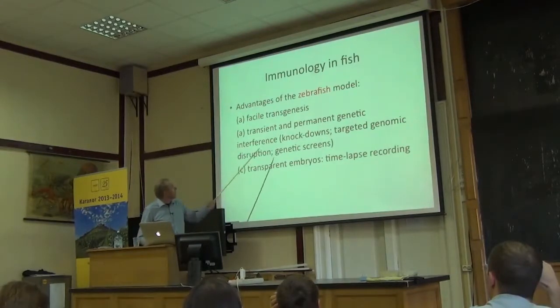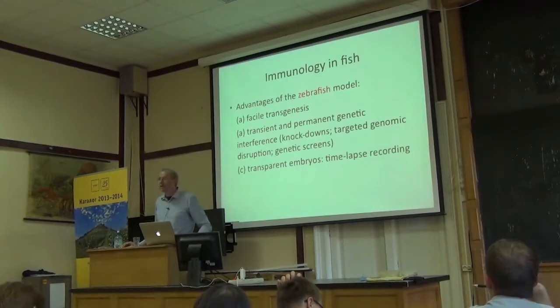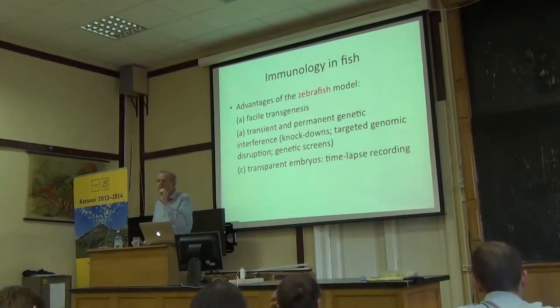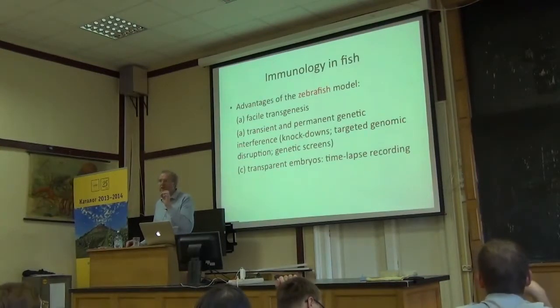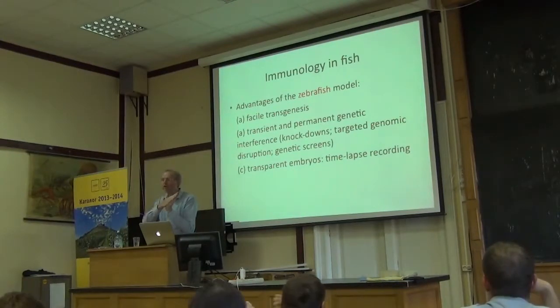We can carry out transient and permanent genetic interference. Transient, by injecting into these fertilized eggs antisense oligonucleotides that would pair with certain regions on messenger RNAs and would block the translation of these messenger RNAs, because they have to be pushed through the ribosome, as you know.